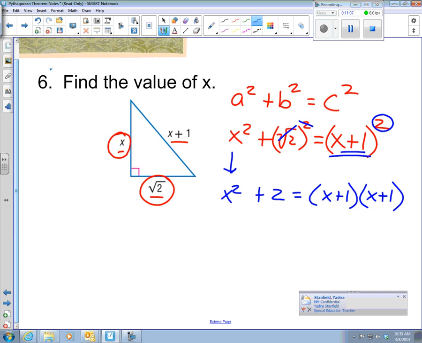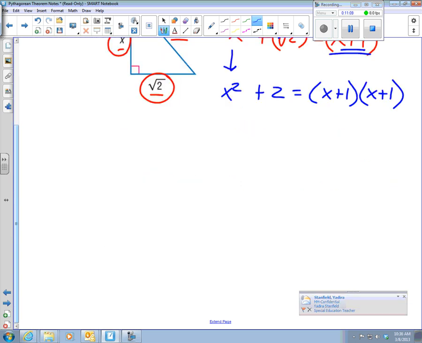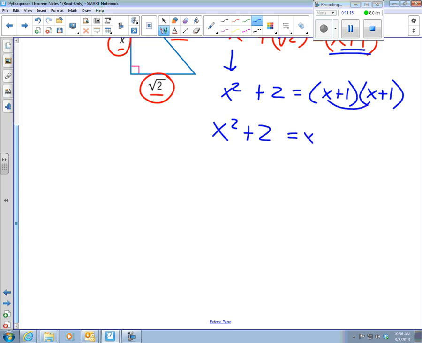So simplifying and solving here, this is going to stay x squared plus 2 over here. Foiling this, well, we got an x squared plus a 1x plus another 1x, finally plus 1. And x squared plus 2 equals x squared.